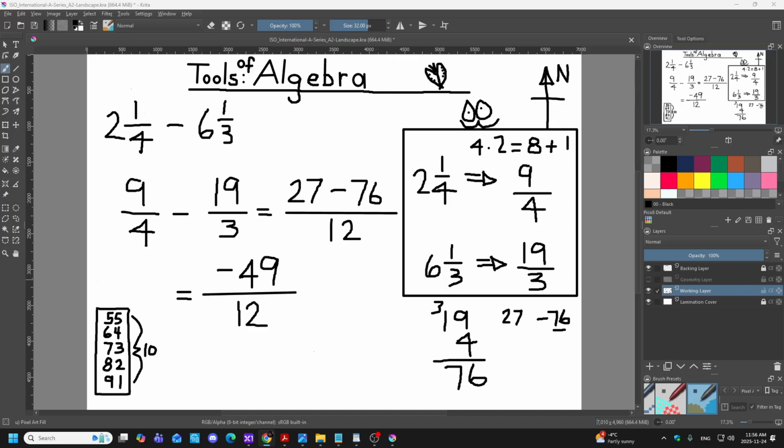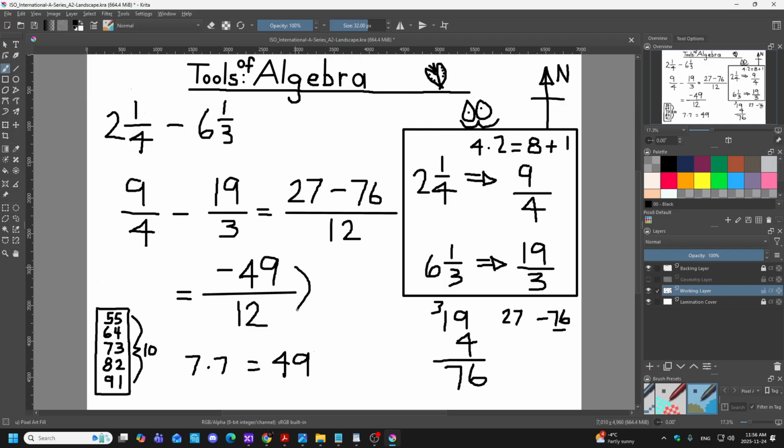49, we already figured it out. We know it's not a prime number. Again, 7 times 7 gives us 49. So that logic alone tells us that we can still reduce, but we need a common number.